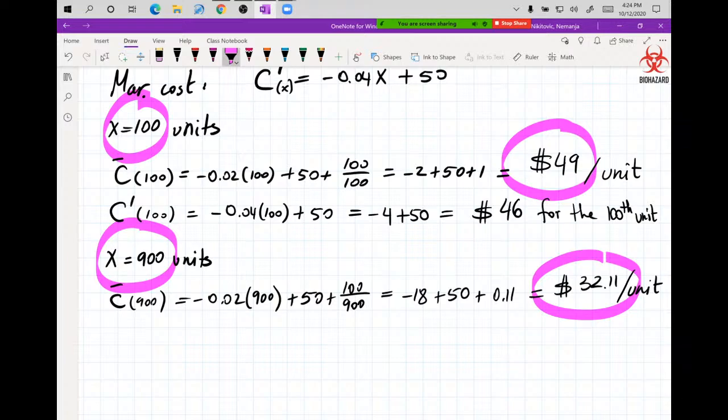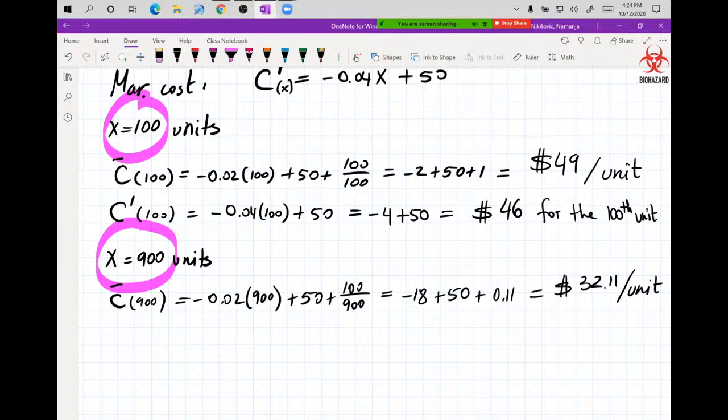You have some maintenance and so on, but you can see that the average cost per unit goes down. So if you now set your price to sell this product at, let's say, $60, that's almost double what you have at 900 units produced.